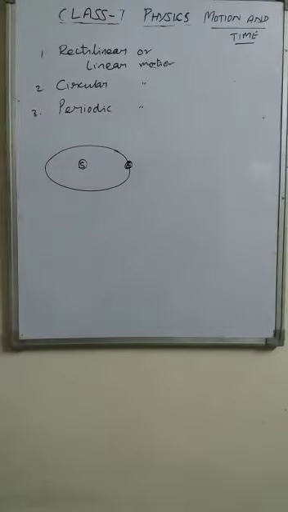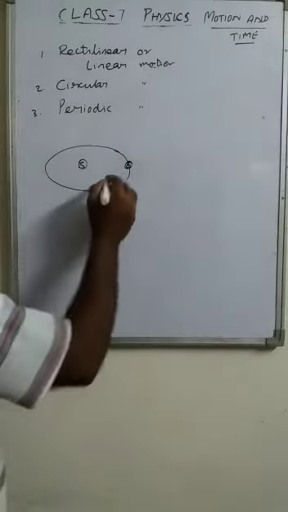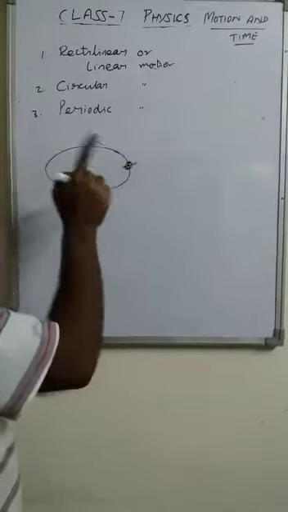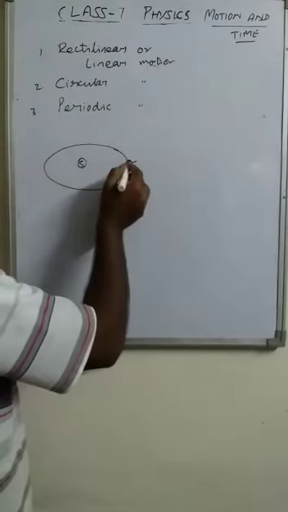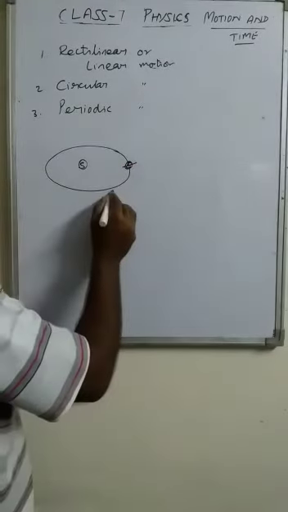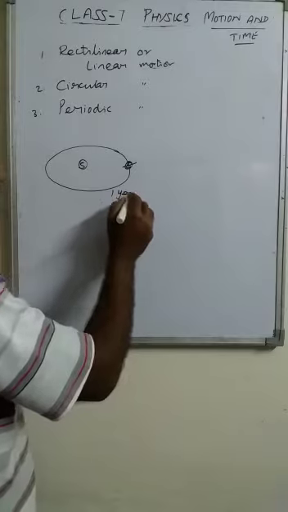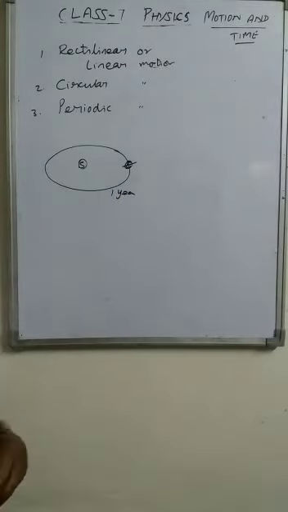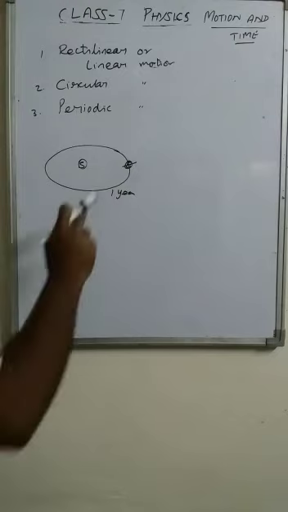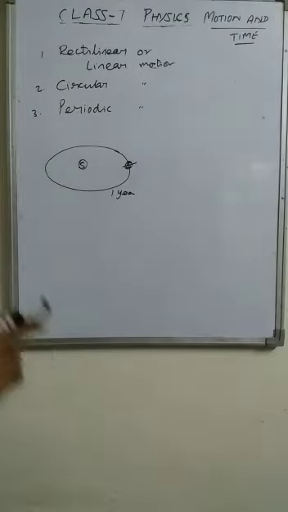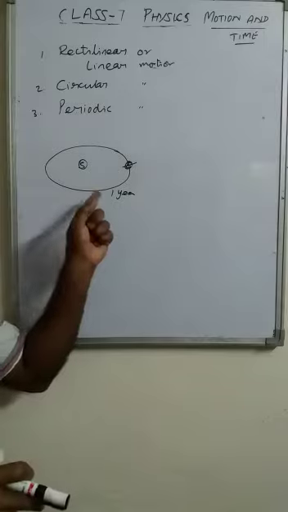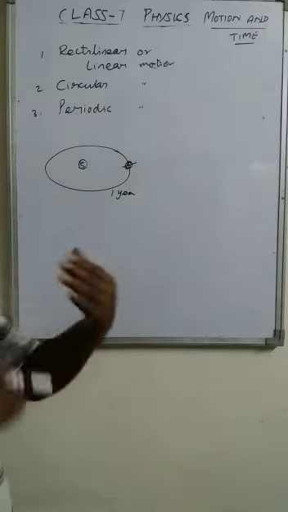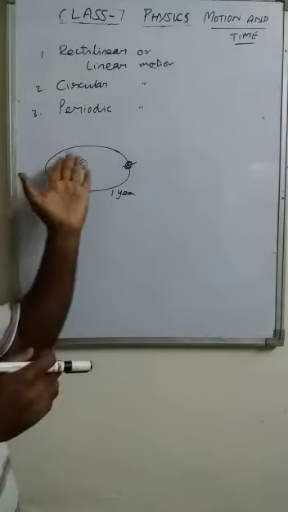It is periodic because after every year the earth comes back to the same point. So the earth takes 1 year to complete one revolution, which means the time period of the earth is 1 year. It occurs periodically after a regular interval, so we say it is periodic motion.